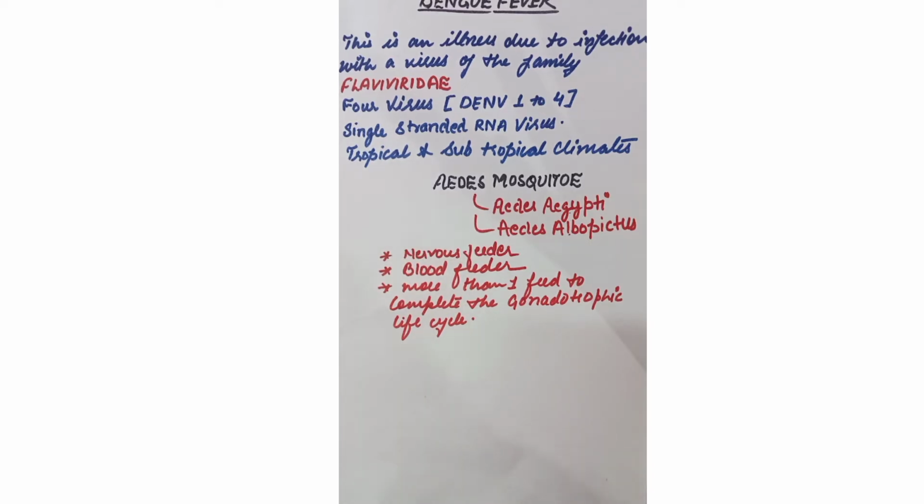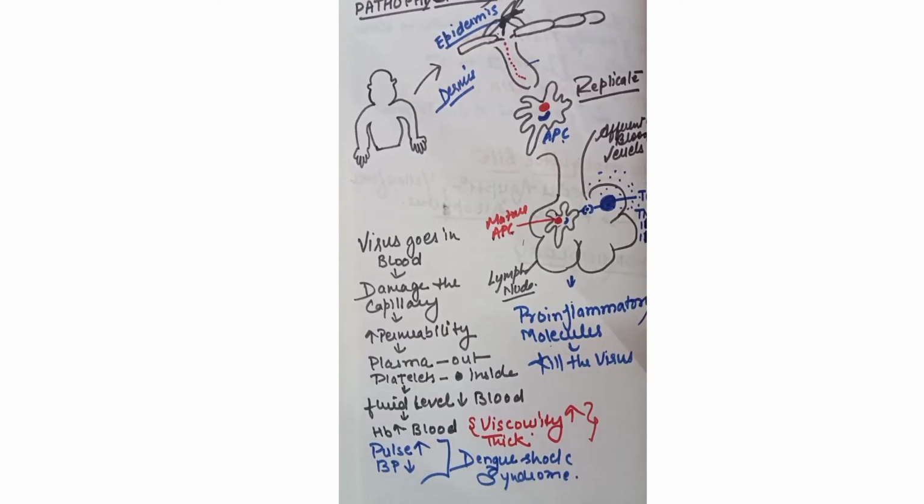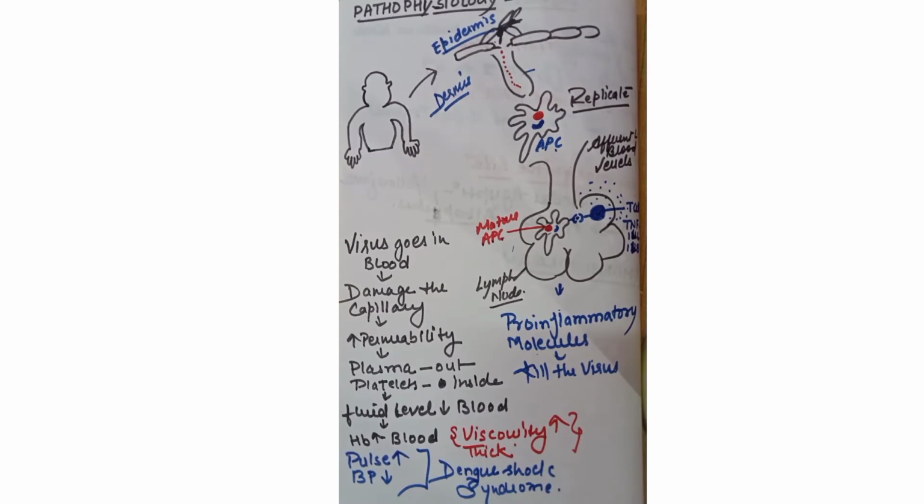So now we will discuss the pathophysiology. Here I have made a diagram to help you understand easily how these viruses go inside the human body and reproduce, and how our body shows the immune response towards them. So here we will discuss the pathogenesis.